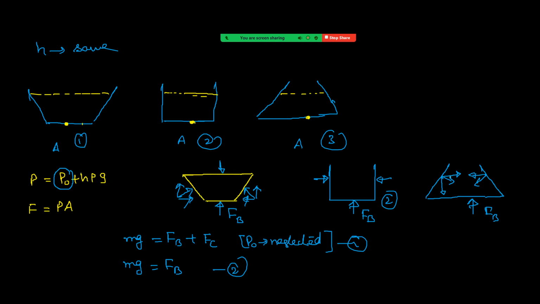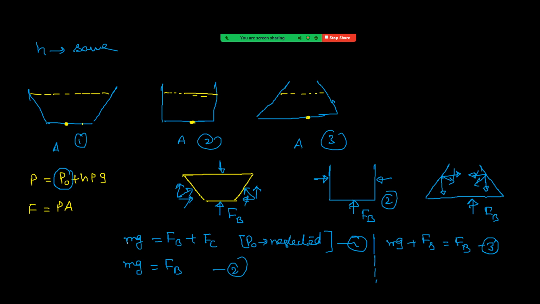By symmetry, the horizontal components are cancelled. Remaining is only vertically down. So here, even though the weight of liquid is least compared to the remaining two, its weight plus force from the sides is balanced by the force from the bottom. This is the equation for the third. In all these three, we have assumed that the pressure due to atmosphere is neglected.